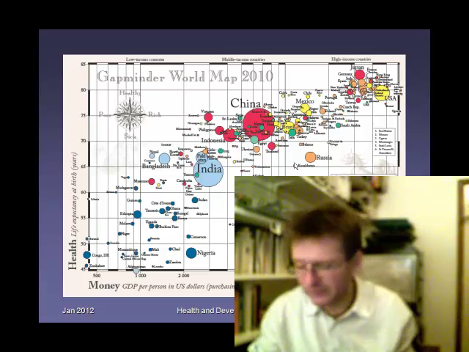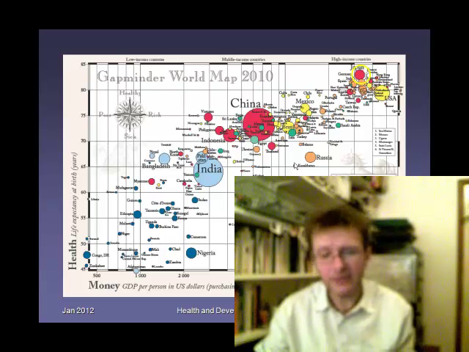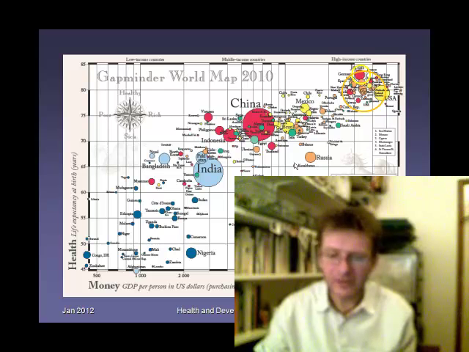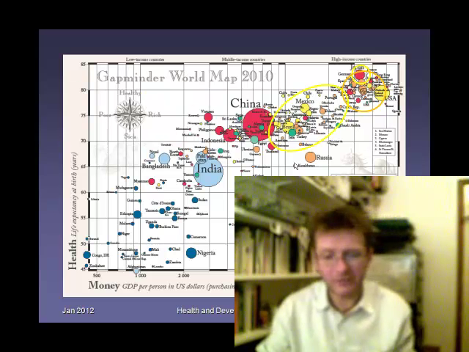And there are some obvious patterns going on here in terms of international differences between regions. Japan, highlighted there in the yellow circle, is doing very well. And in fact, Western Europe, USA, Japan, these are all countries that are both high income and have a very high life expectancy.